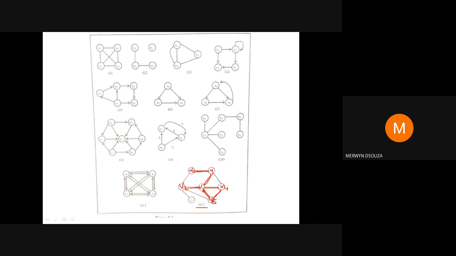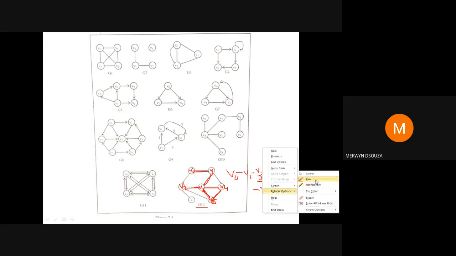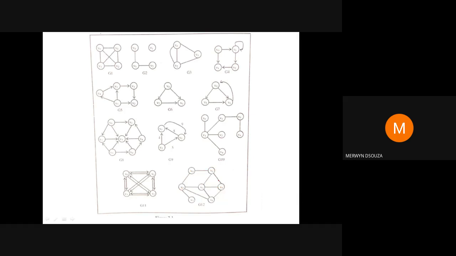You can see here the vertex V3 is repeated two times. This vertex has been repeated twice in the path. This is an example of a not simple path. So if vertices are repeated, with no distinct vertices in that path, then we call it not a simple path.